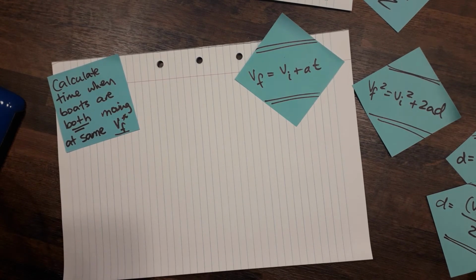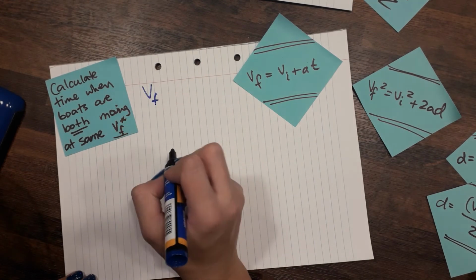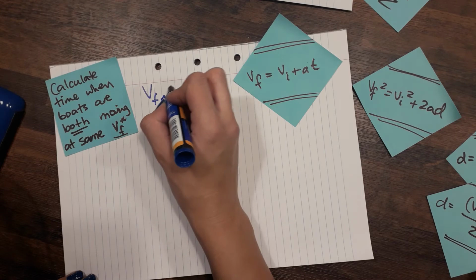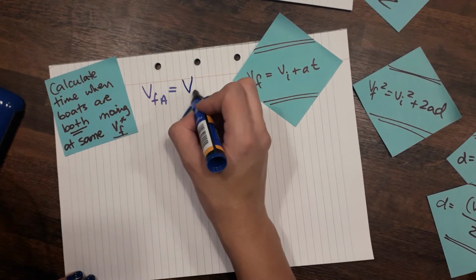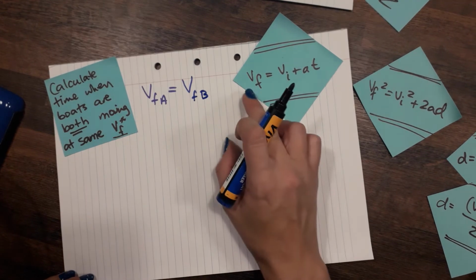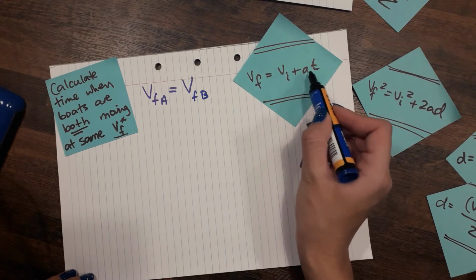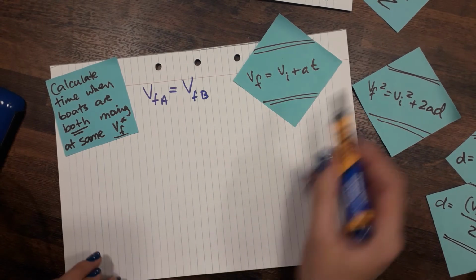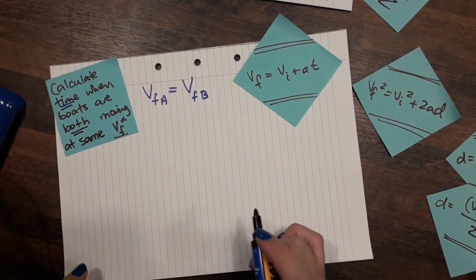But you have to consider that boat A has a velocity, and it's going to be the same as the velocity of boat B. We can calculate the velocity of boat A. We could go VI of boat A plus A and T of boat A. T is what we're trying to find out, so that's going to be the thing we solve.